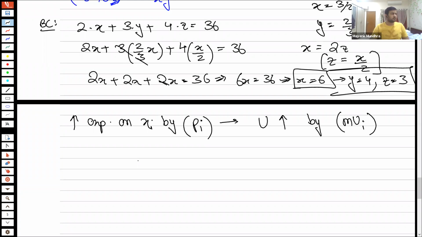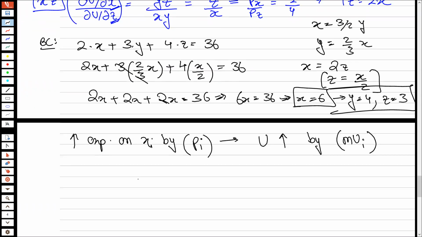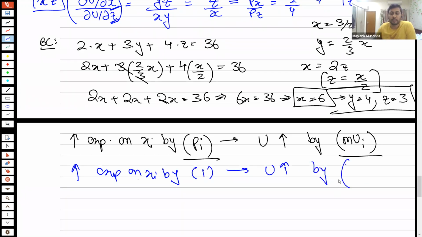Okay. So next question is to Vinay. Yes, sir. So if I increase expenditure on Xi by Pi, my utility goes up by MUi. So if I were to increase expenditure on Xi by 1 rupee, utility would go up by how much? Simple unitary method. Nothing else.